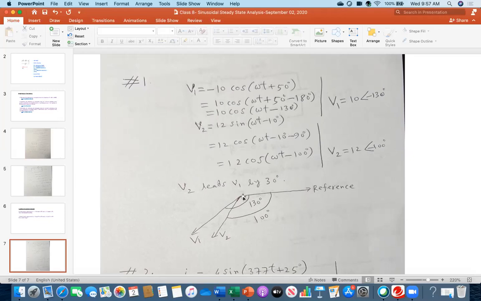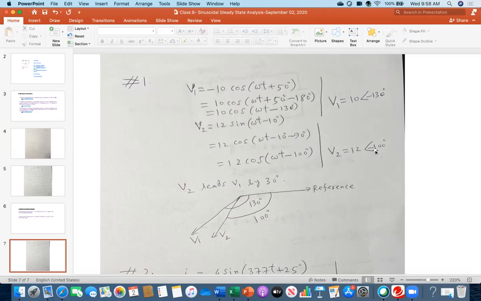Everybody see, this is my reference, and first I am plotting V1, whatever the magnitude, the angle is minus 130. So from the reference line, I have to go clockwise 130 degree. I went. So that is my V1.